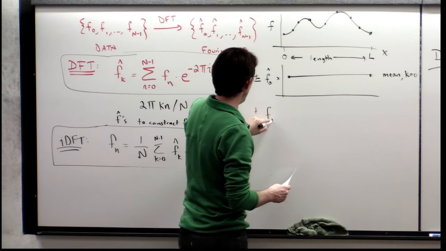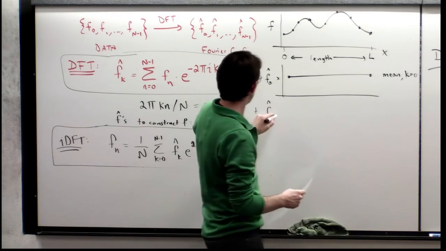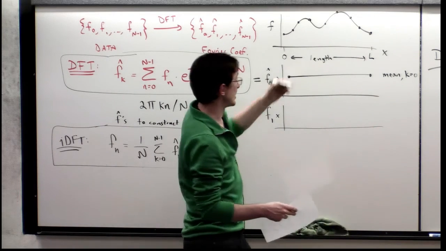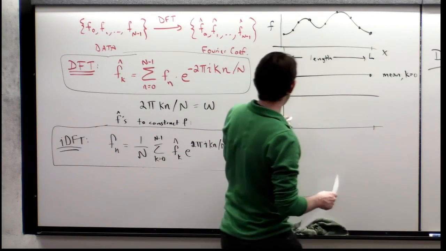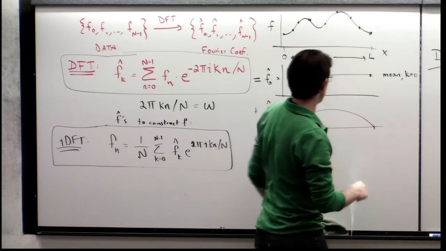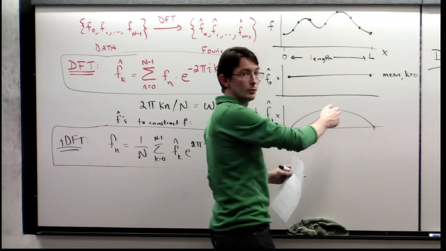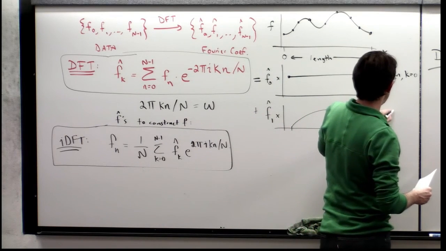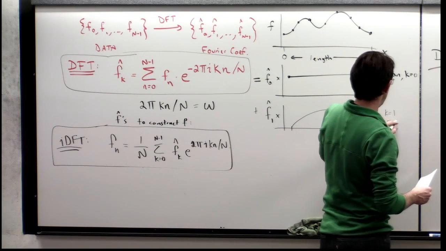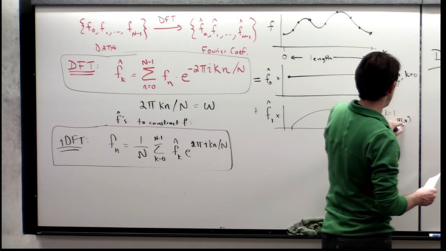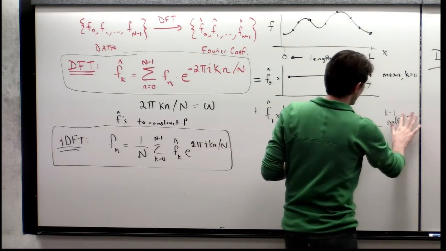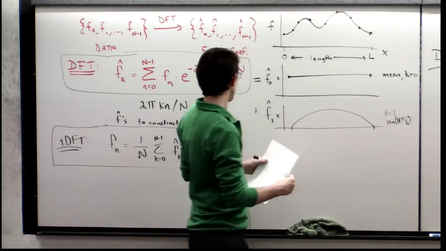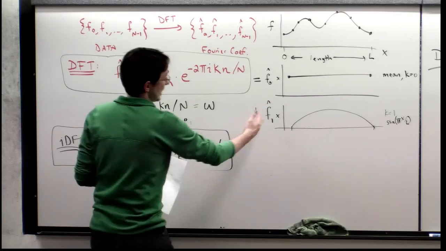plus f1 hat times some big sine wave, right? Some sine of period pi L. So this is k equals 1, sine pi x over L. So I add the second coefficient times this thing.